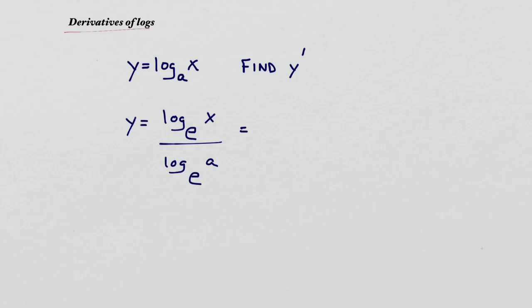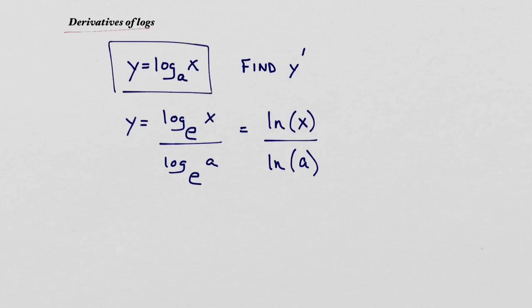We specifically know how to take the derivative of the natural log of x. So if I can express my logarithm like this, ln of x divided by ln of a, we're going to be in great shape. Again, just to be clear, this is the same as all of this. And this allows me to differentiate because I know the derivative of the natural log of x.